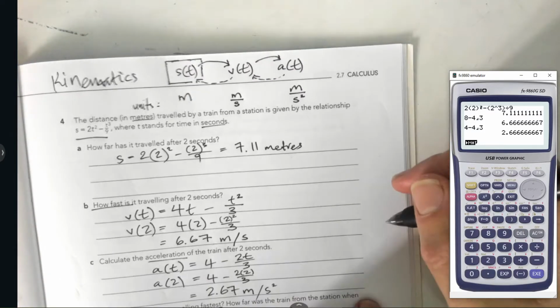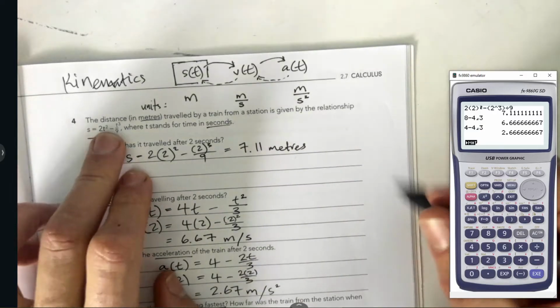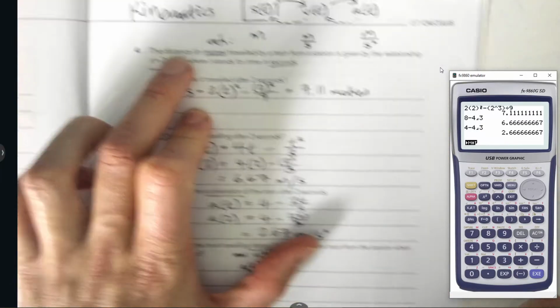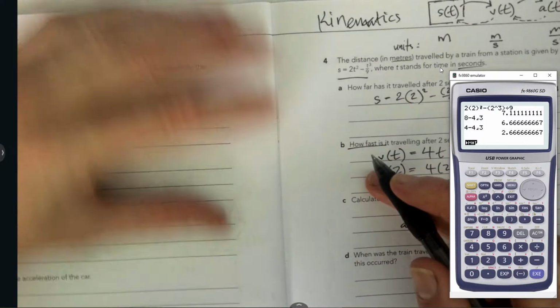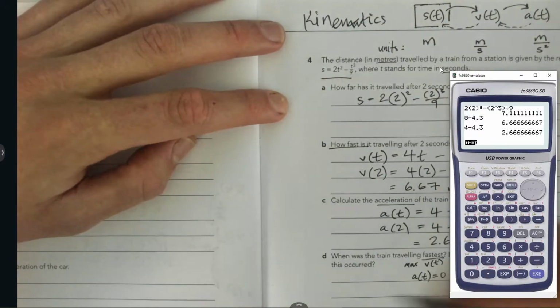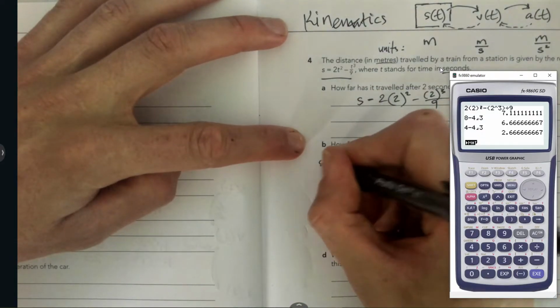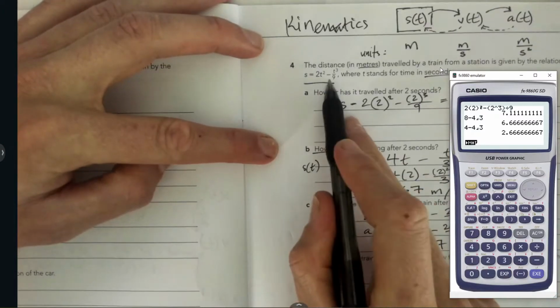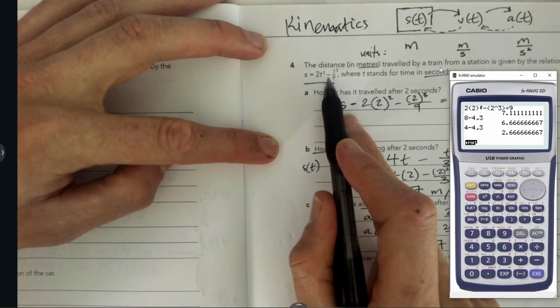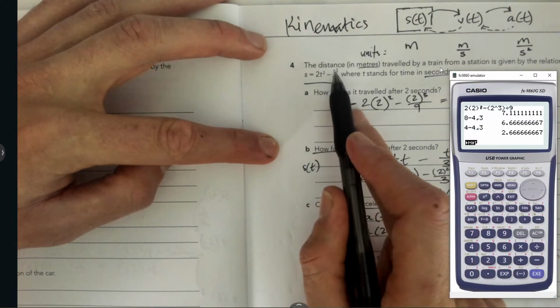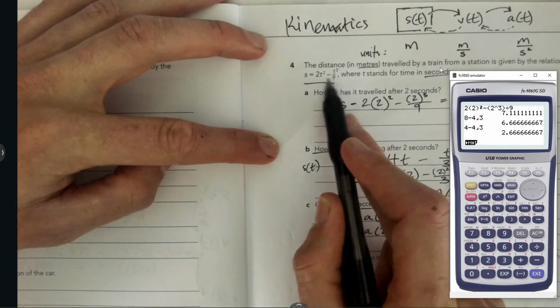Let's think about that a little bit deeper. We'll start off with s of t, right? And s of t is a negative cubic. That's the highest power there. This power of 3 is a cubic and it's negative.